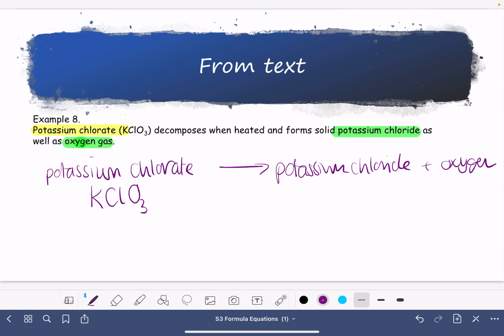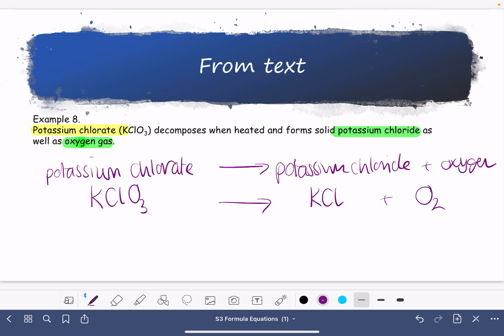For the potassium chloride, we need to use SVSDF. So potassium and chlorine, 1 and 1. We can skip down to the formula and it's just KCl. So KCl for the formula there. And then oxygen is the diatomic element, so it's O2.